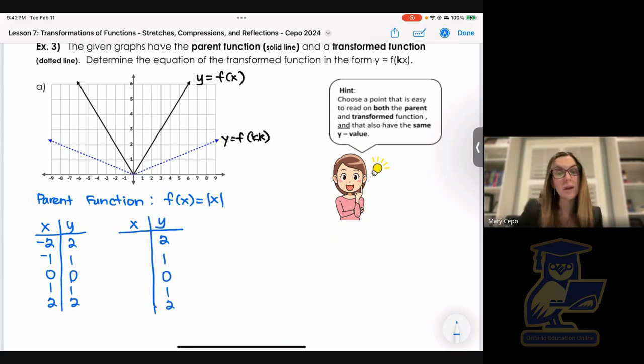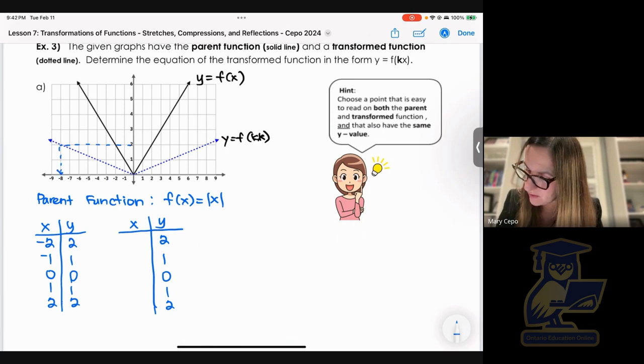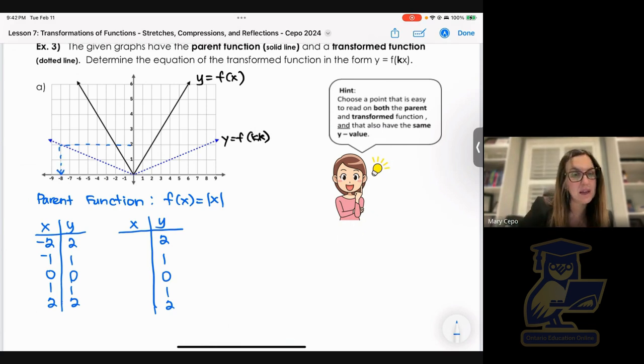Okay, so let's see what happens with each of those x values. That'll help us decide what the scale factor is. In turn, that'll help us determine what the k value is. So with that, we look at when y is 2. When y is 2, I'm going to go all the way over here. My corresponding x value is negative 8.